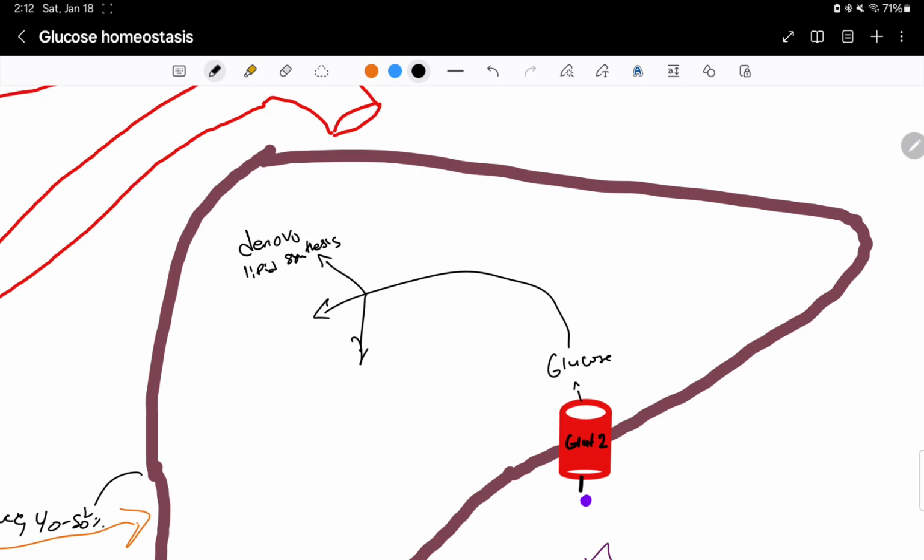You're making fatty acids off of that, and that could absolutely occur. But something that's also going to happen is that the glucose is going to get turned into glycogen. Or it can be used for energy production, like pyruvate to the TCA cycle and then to the electron transport chain. We talked about this beforehand.